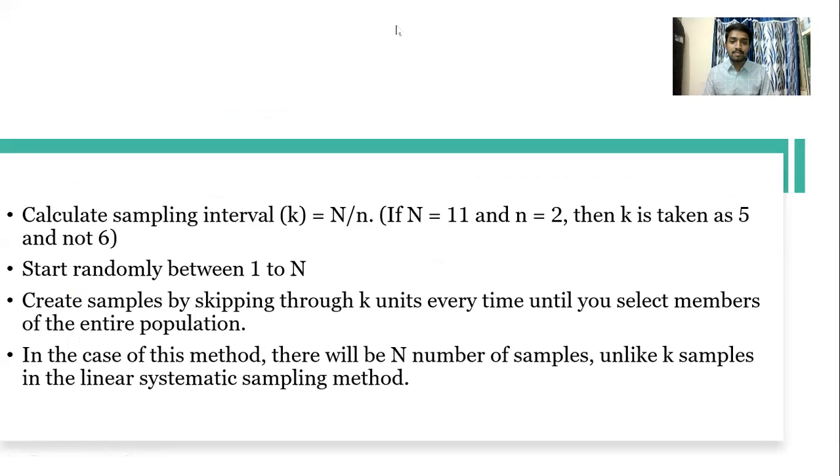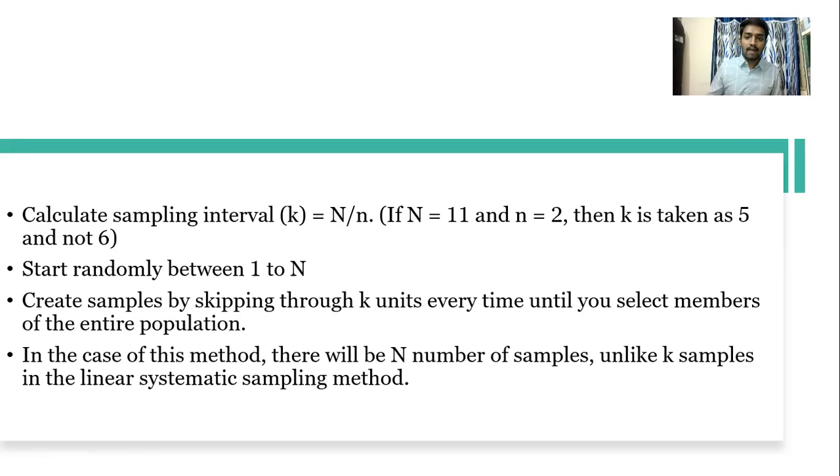In this method, we get n samples, unlike k samples in the linear systematic sampling method. It is going to be a linear systematic sampling method, but it has a circular process. While it was moving in a linear way, it is going to be in a circular way.